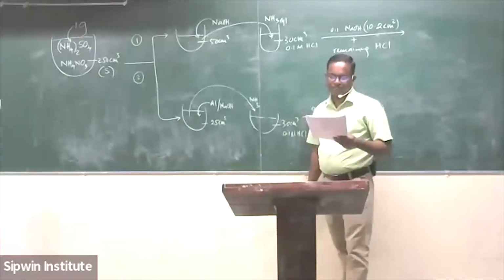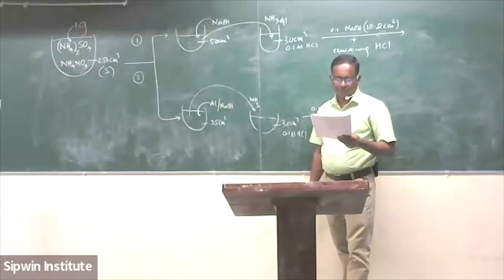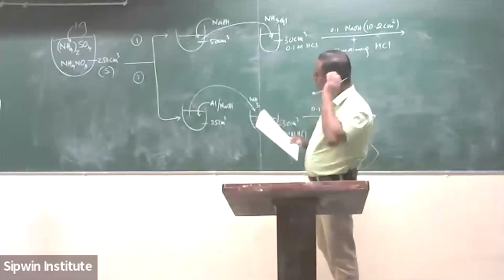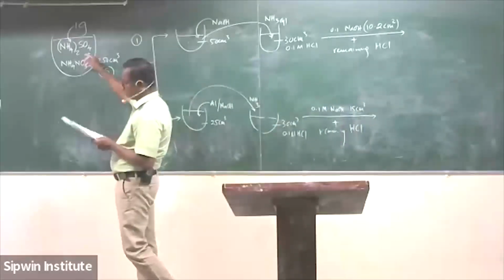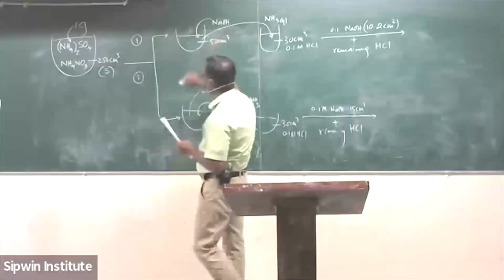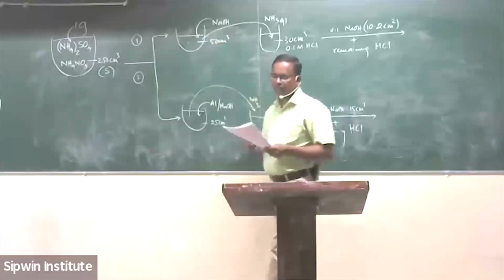Balance the equations for the reactions taking place in procedure 1 and 2. Procedure 1 here, ammonium sulfate and sodium hydroxide. Check your answers.